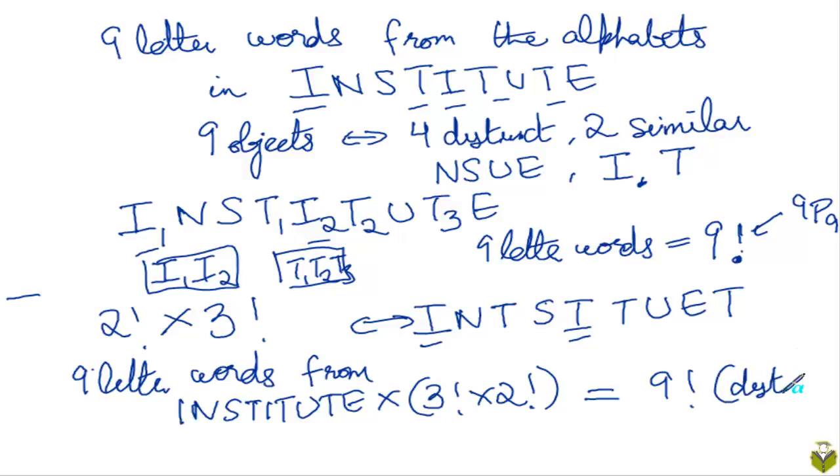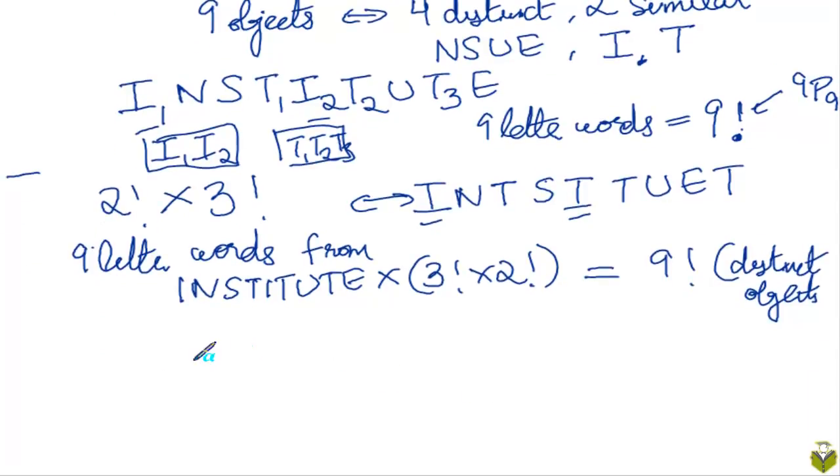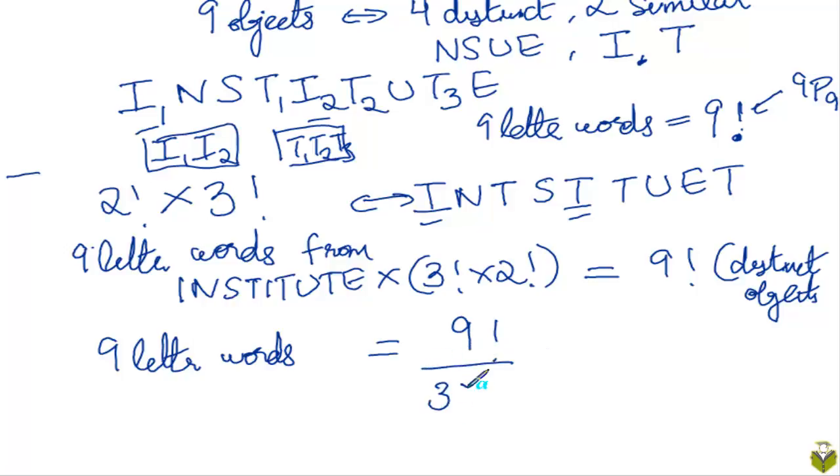So I'll just say distinct objects, and I go down and see that the 9-letter words are equal to 9 factorial divided by 3 factorial and 2 factorial. So 9-letter words from institute, obviously. So that is when the I's are not distinct.